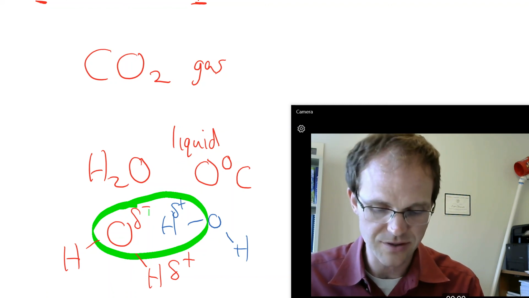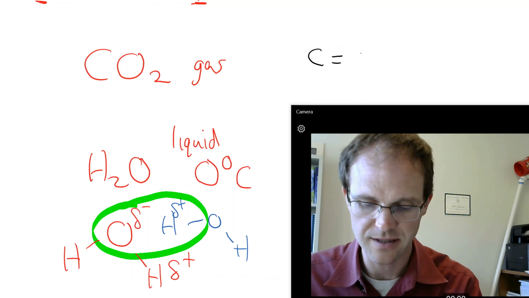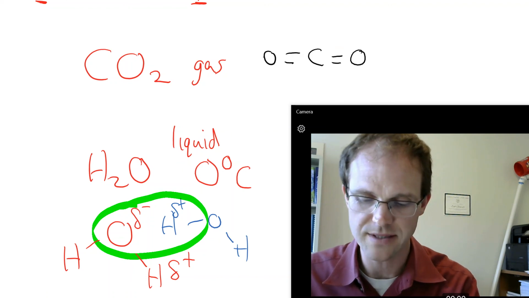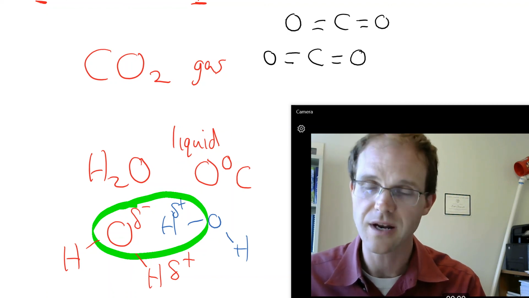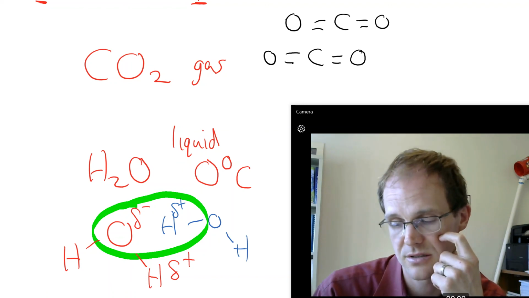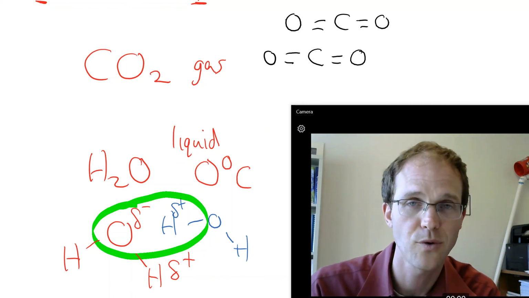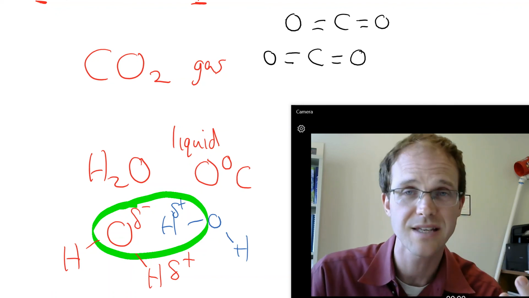But what about CO2? CO2, we just decided, is nonpolar. And so one CO2 molecule to the next CO2 molecule, they're not really attracted to each other. They just kind of pass by and like, yeah, whatever. Who cares? You're there. And if you want to separate them, you're like, hey, can you guys separate? They're like, sure, whatever. It doesn't take much energy.